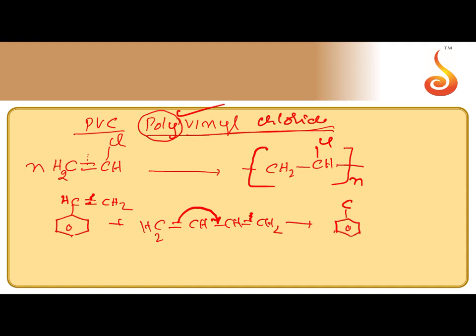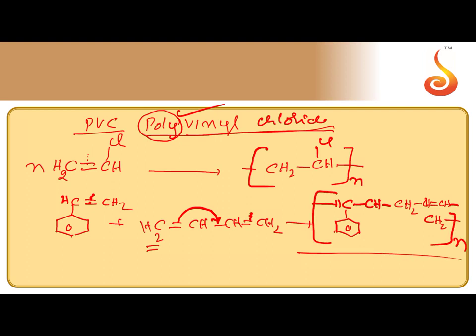Then you observe how to write the repeating unit. CH, looking for the bond, single bond CH. Then attach the first carbon of the 1,3-butadiene CH2, shifting of the double bond taking place, double bond CH dash CH2 dash. So this is the repeating unit for copolymers, addition polymers. These two are addition polymers.